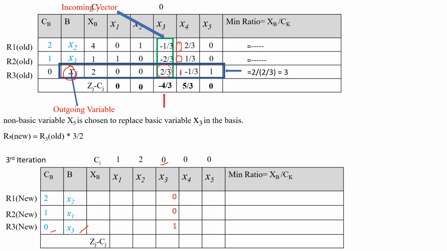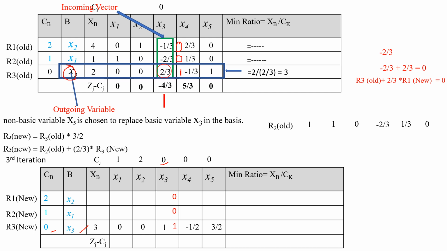So the first row operation is R3 new equal to R3 old into 3 by 2. Then the R3 new elements are 3, 0, 0, 1, minus 1 by 2 and 3 by 2. So the next row operation is R2 new equal to R2 old plus 2 by 3 into R3 new. So this is the R2 old elements, this is the R3 new elements, and this is 2 by 3 into R3 new elements.